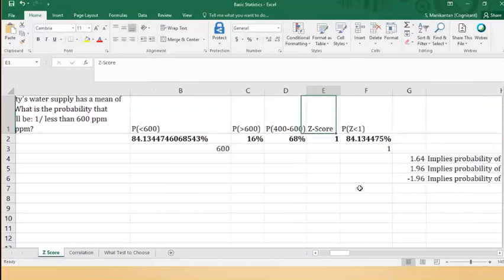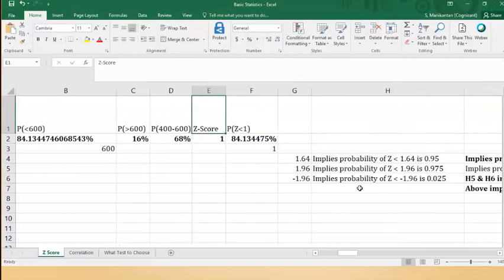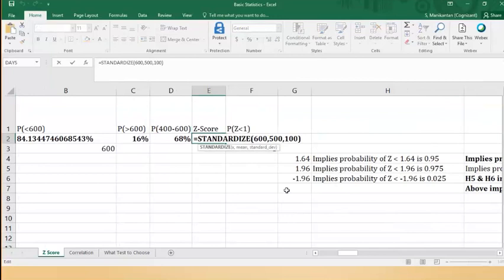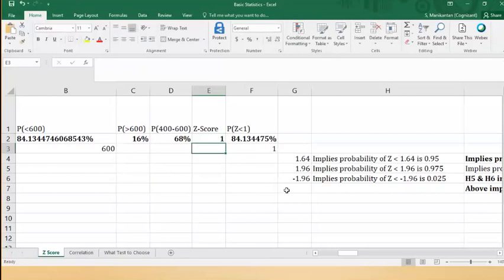Next, any value can be converted to its equivalent z-score by using the formula STANDARDIZE. Now I am converting 600 to its equivalent z-score. I get z equal to 1. It means the value of 600 is 1 standard deviation away from the mean.